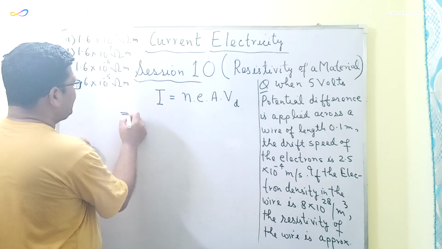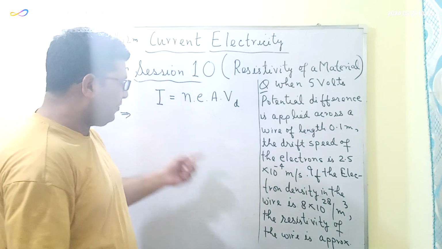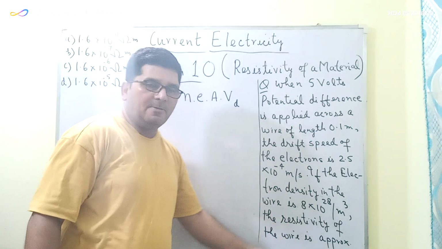From this equation, we will be able to find the resistivity of the wire.